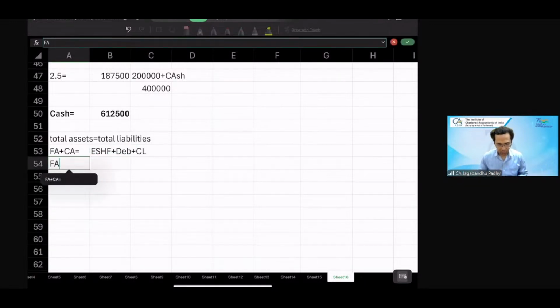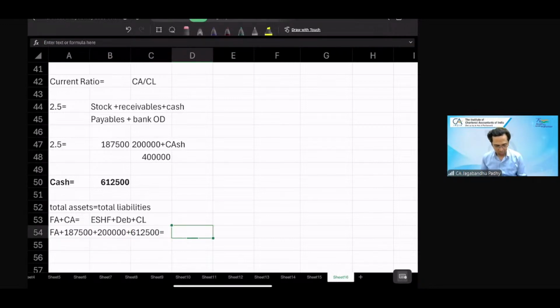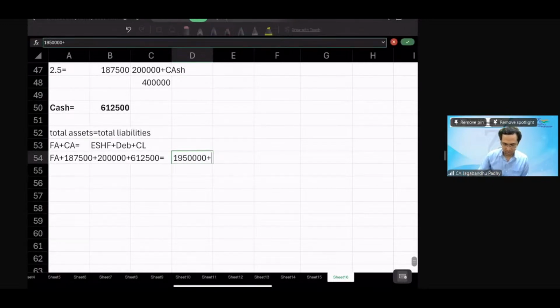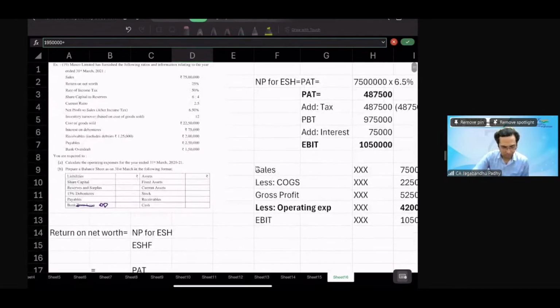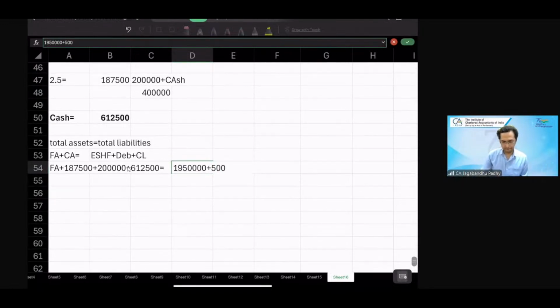Now fixed asset is something we don't know, but what's the value of current asset? Current asset is 1,87,500 plus 2 lakh plus 6,12,500, that is 10 lakh. That is equal to equity shareholders' fund, which we have got as 19,50,000, plus debentures of 5 lakh plus current liability of 4 lakh.